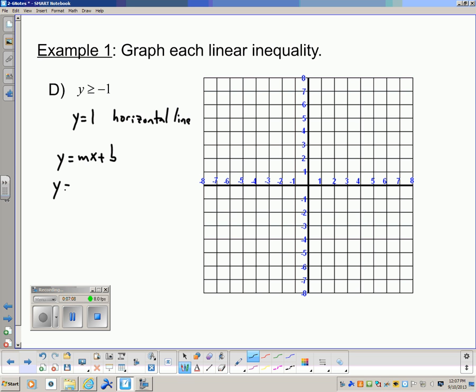We'd have to put this in there. So our y-intercept there, again, is 1. And it has a slope of 0. And the slope of 0 is just going to give us right here. So we're just going to draw a nice horizontal line right through.